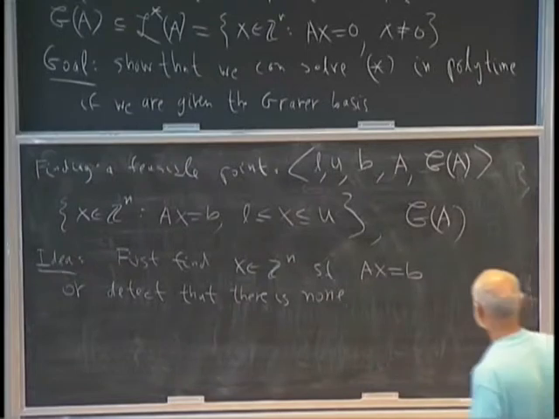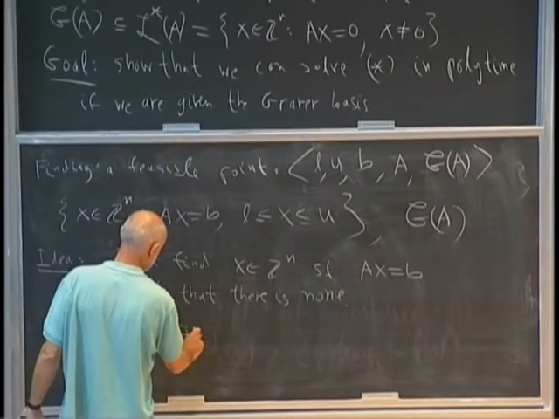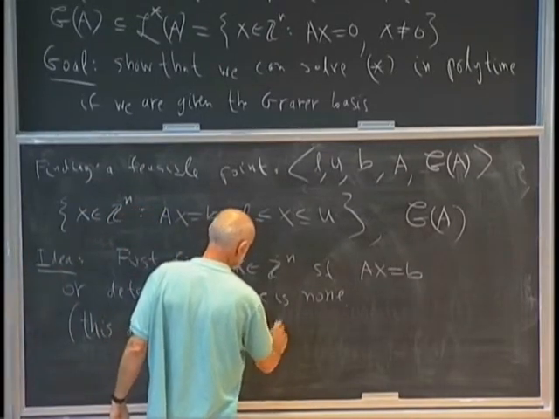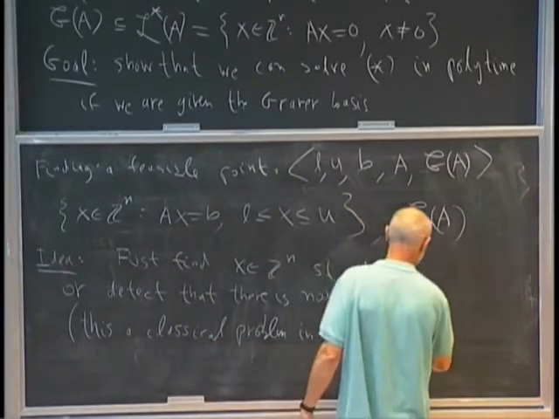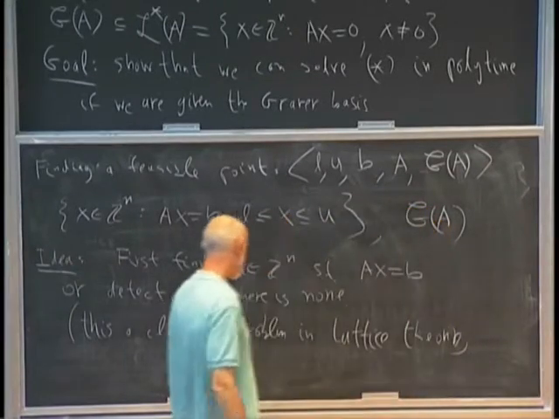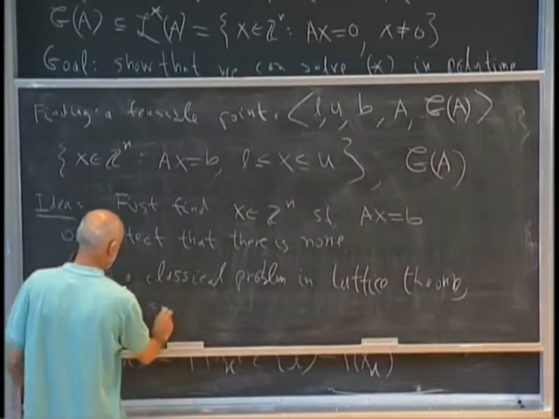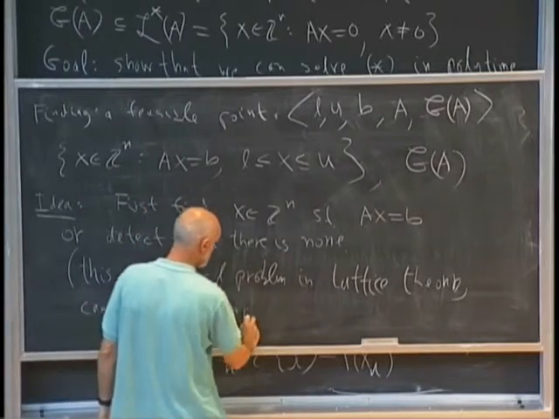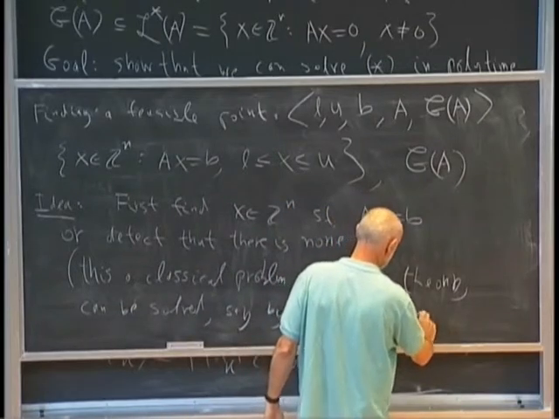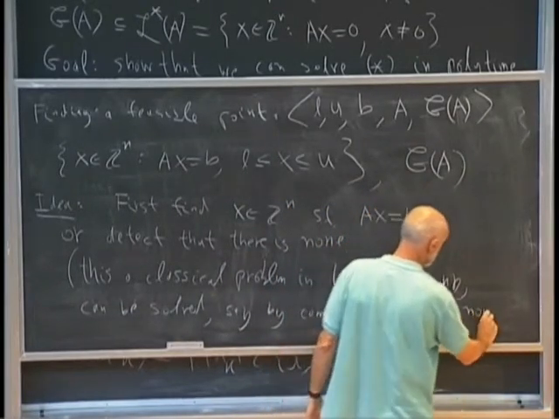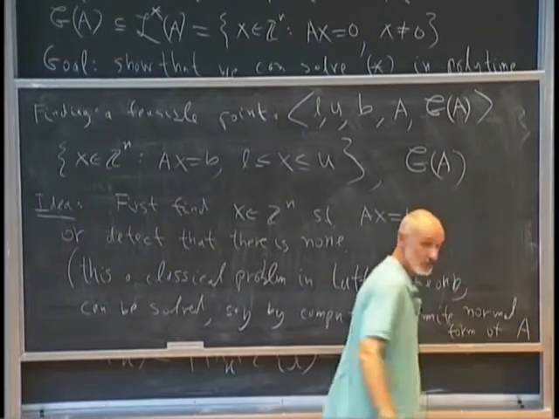This is a classical problem in lattice theory, and it can be solved, say, by computing a Hermite normal form of the matrix A. But I'm not going to discuss it.